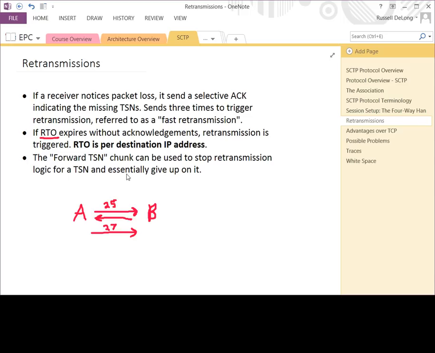So he can acknowledge 27 and explicitly say what he hasn't received, and he can send duplicate acks 3 times indicating the TSN that he has not received.